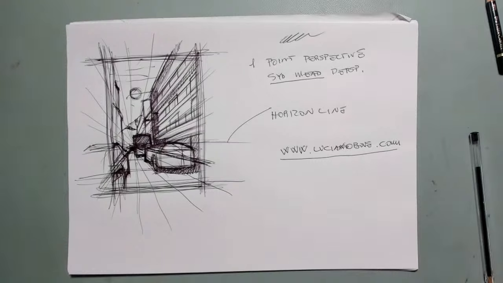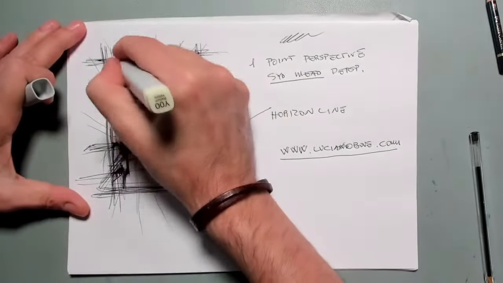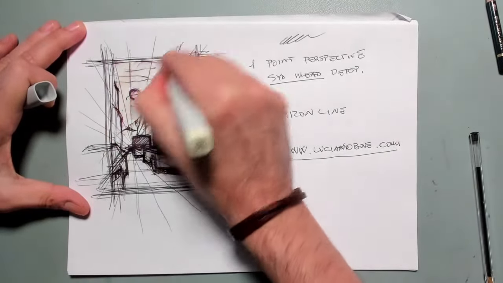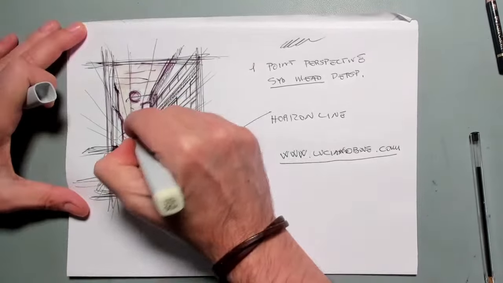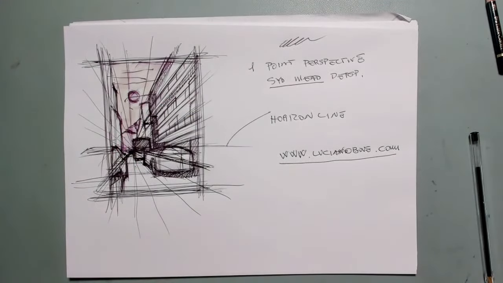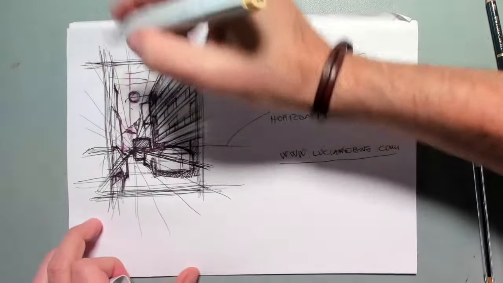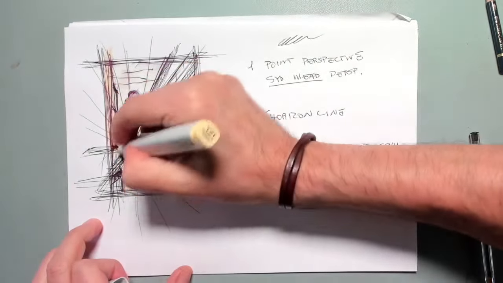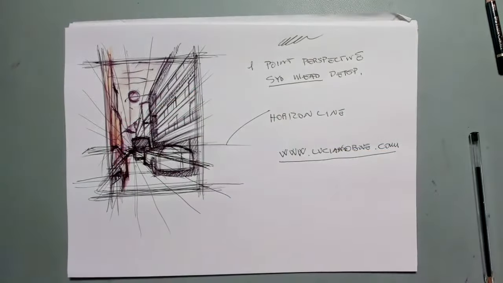All right. So now, if I want to do something really cool, you know, I can take a very light marker. You see? Put a little bit of color. A little bit of warm color here. And also on the car.